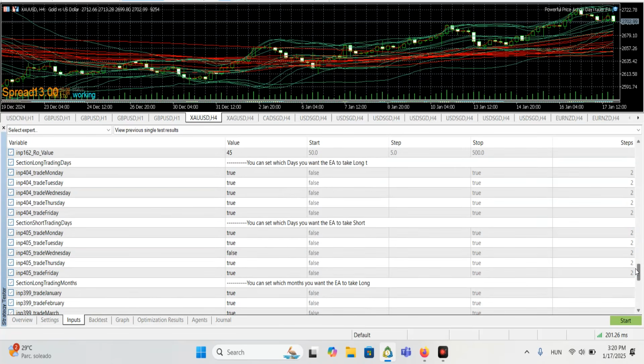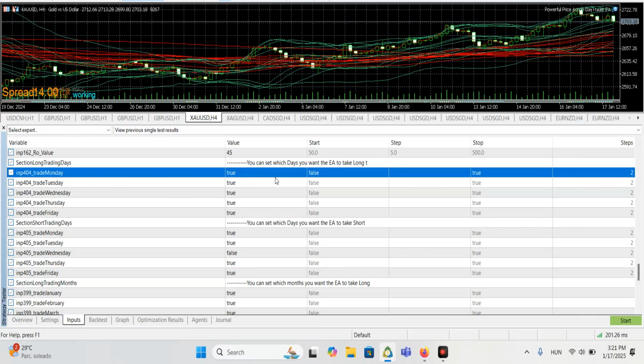And a new feature, which was requested by multiple traders along the years, actually, but now I coded it. It is a feature with which you can tell the EA on which days and which months it can trade.